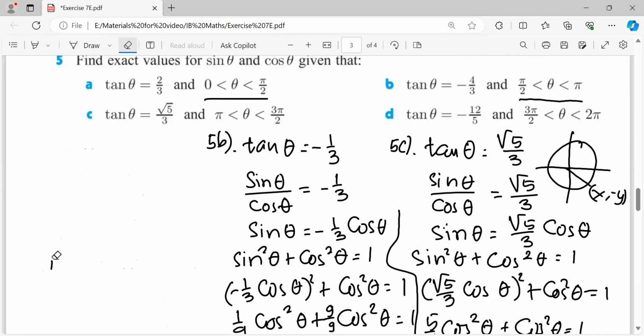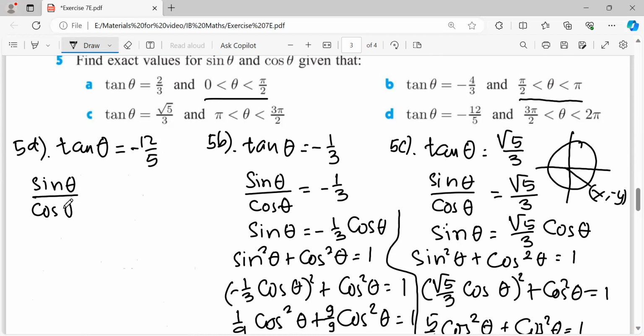Right, for number 5d, tangent theta equals minus 12 fifths. Sine theta over cosine theta equals negative 12 over 5.